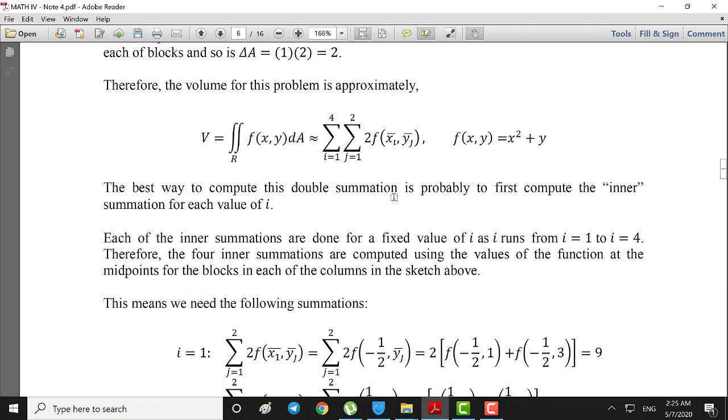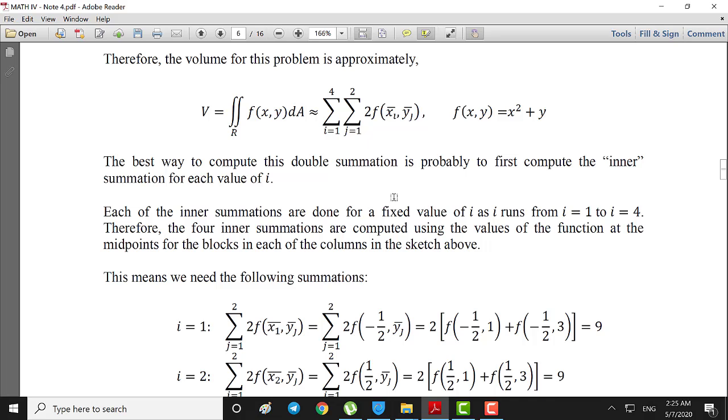Now, because delta A is equal to 2, that double summation turns out to be equal to this. This is the same summation, only we've replaced the delta A with 2. Now, the best way to compute this double summation is to first compute the inner summation for each value of i.